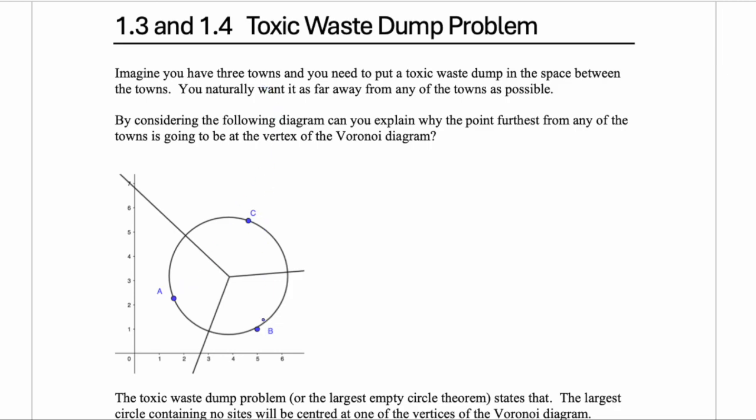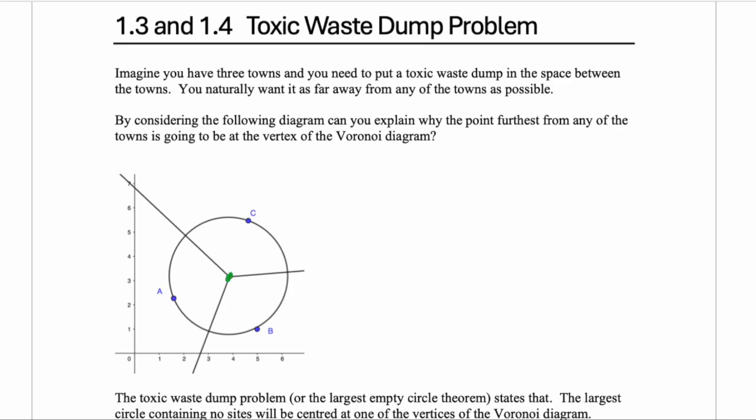So in this diagram here, we've got 3 towns, 3 sites, and if we check it out, the spot where we can put the toxic waste dump, so that it's the furthest away from all 3 places, is actually at the vertex of this Voronoi diagram.